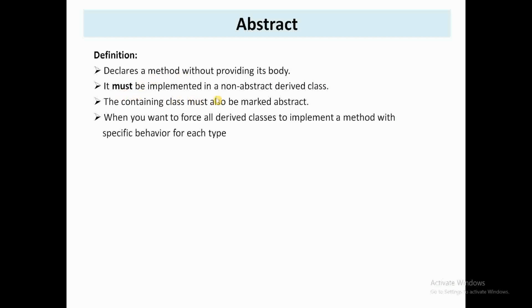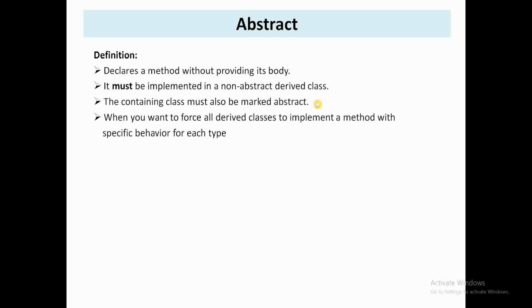It must be implemented in a non-abstract derived class. If we want to use this abstract keyword, we can use it in a base class, and in a derived class we can override this abstract method, where we provide the new implementation with the new method body. The containing class must also be marked abstract.